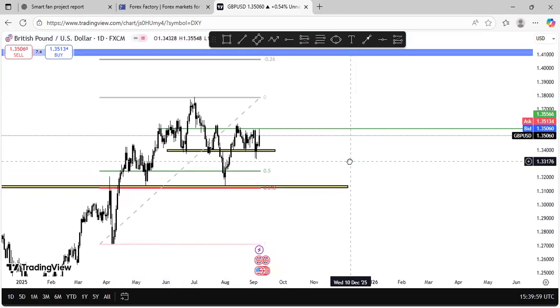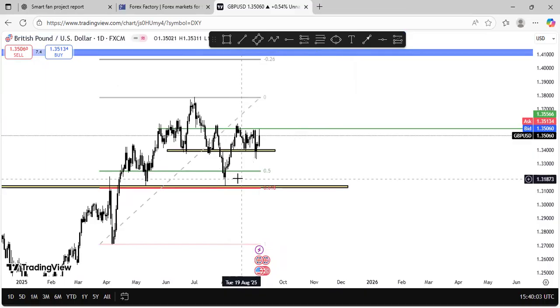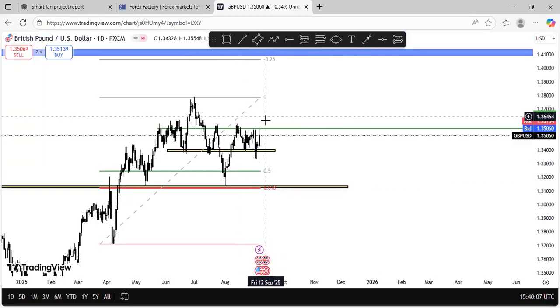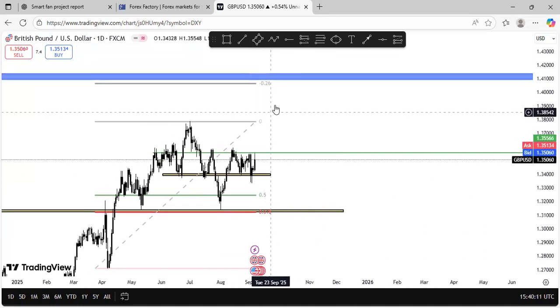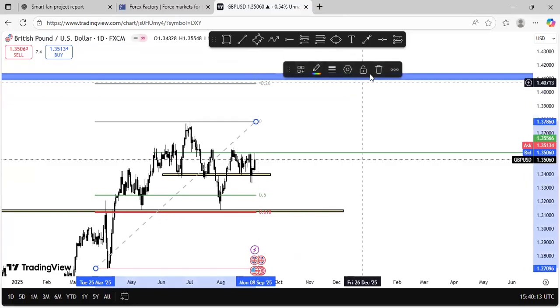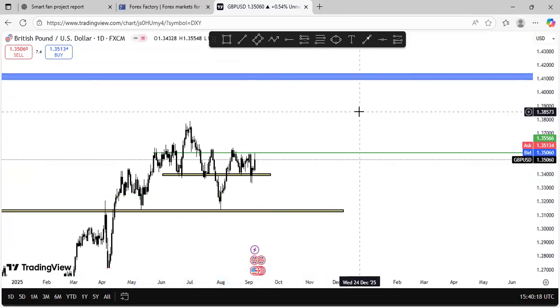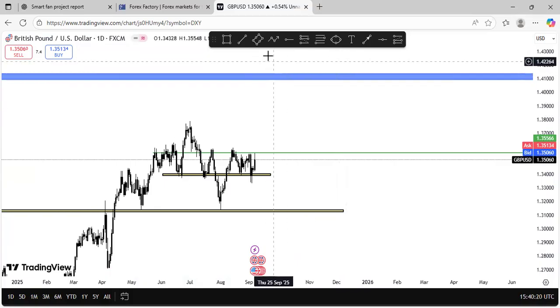Apart from that, everything is pointing directly to price heading up. Looking at our fib, where the 50, 60 level is being touched, price is heading to first level targets, which is our 0% retracement, and then 0.26. Everything looks more like GBPUSD is going to go to the upside.